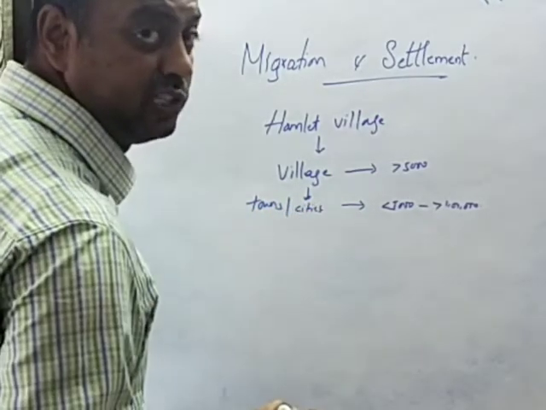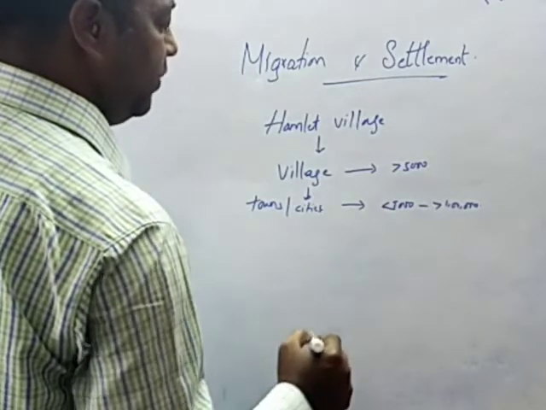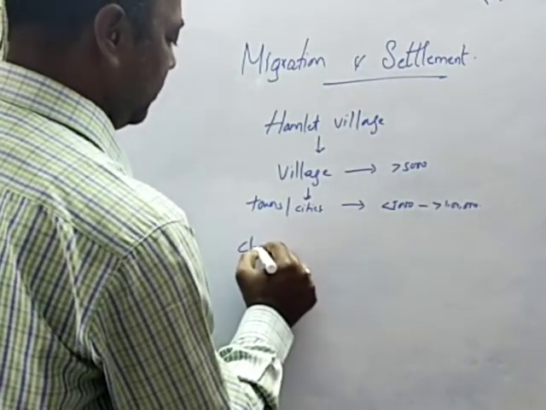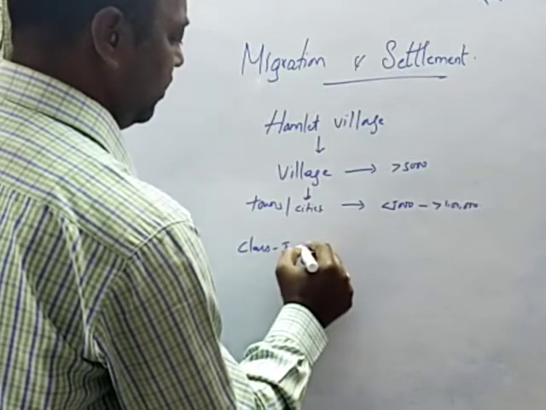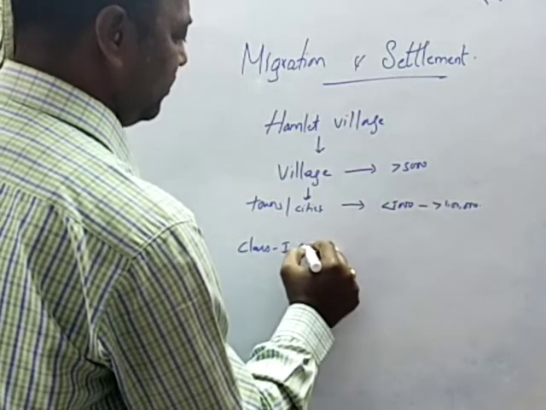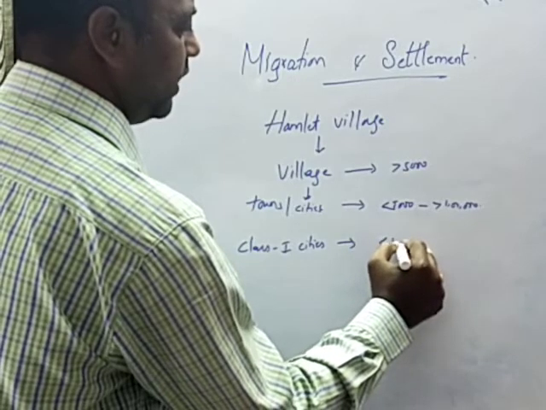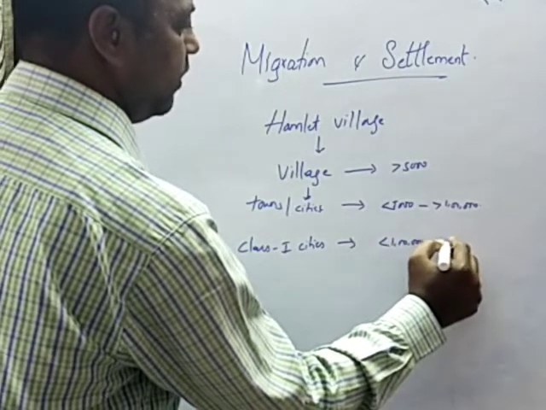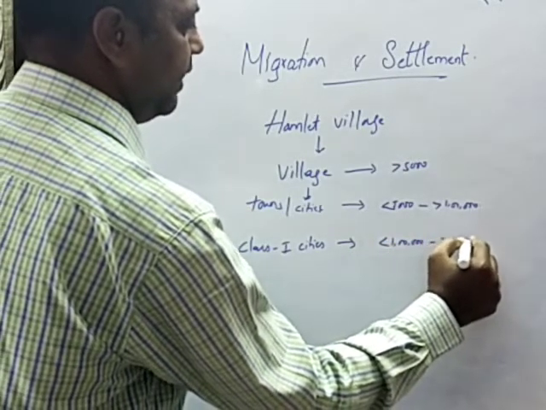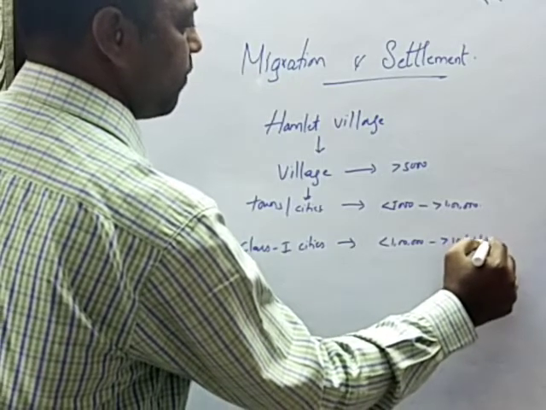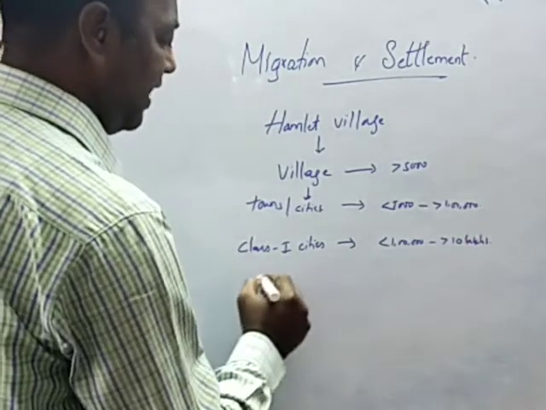This is the population which is required. Class 1 cities have a population of more than 1 lakh and less than 10 lakh. They are called class 1 cities.